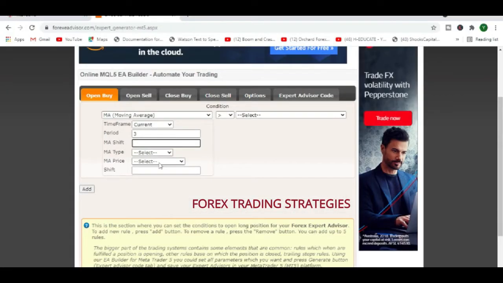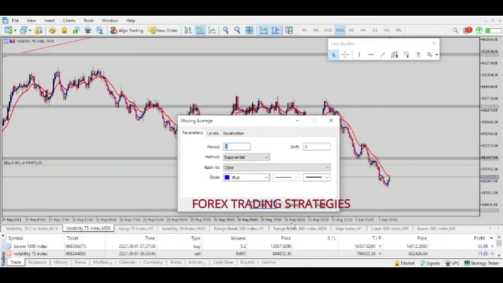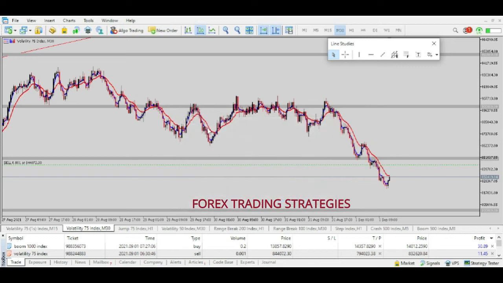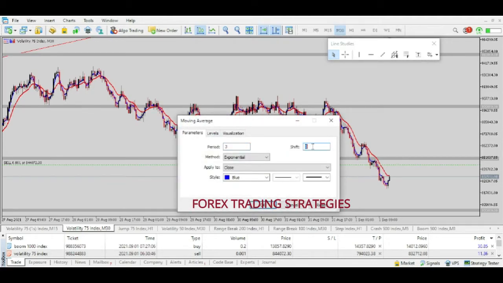The 0, by the way, you can Google what shift does. It just moves the indicator sideways. That's basically what it does. Okay, let's demonstrate since we are on the subject. Let's say shift minus 1. See what happens to the blue line.